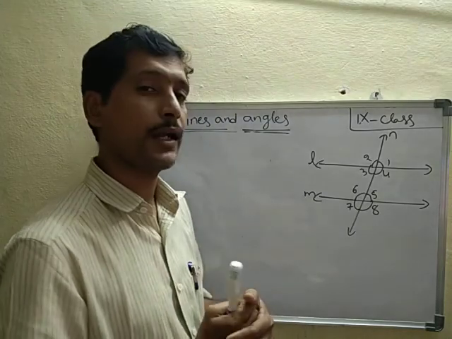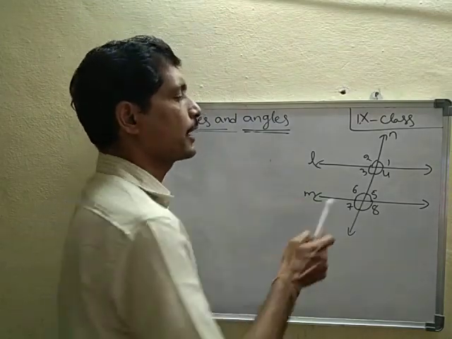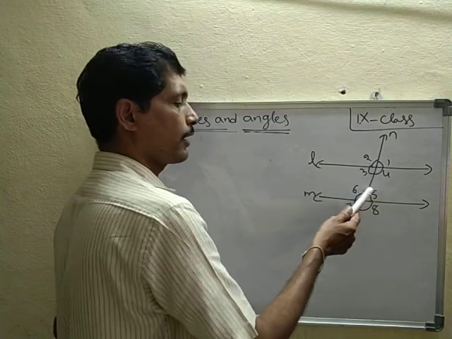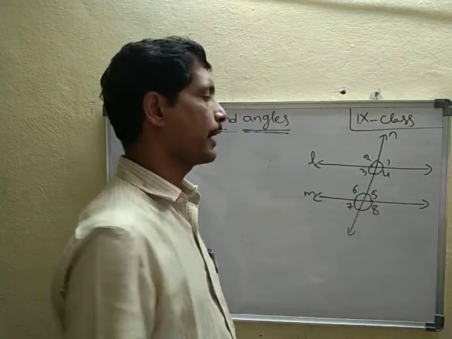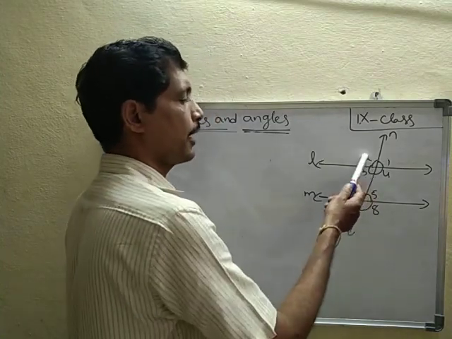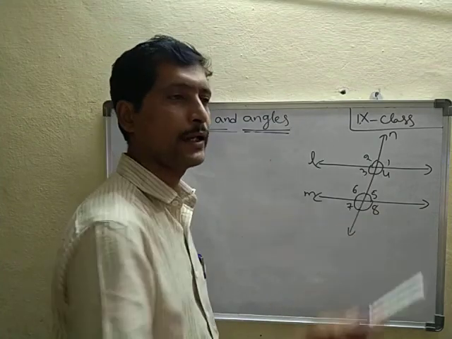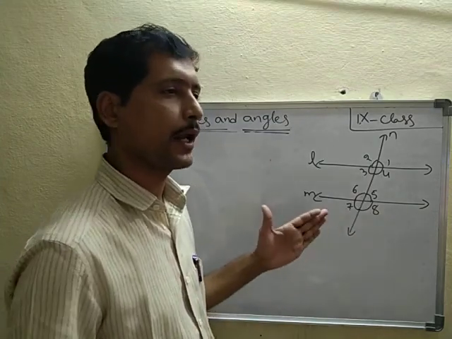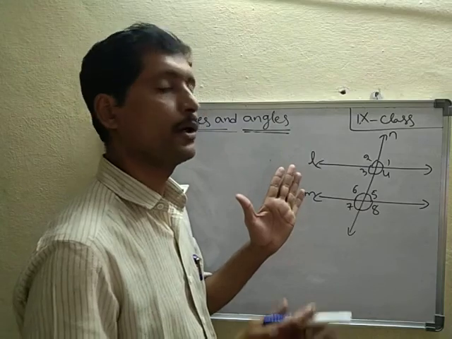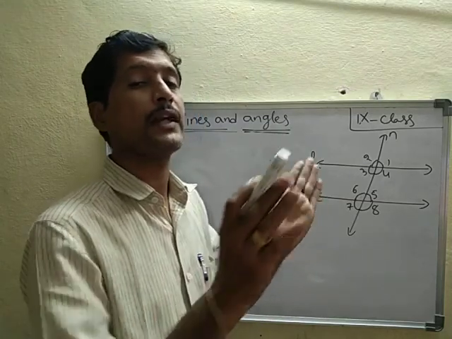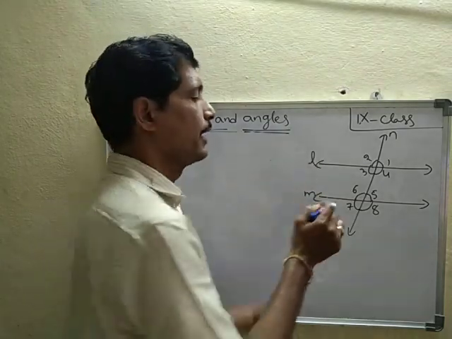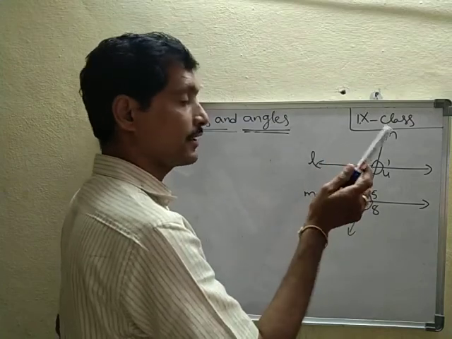Next one is alternate interior angles. Interior angles are angle 3, angle 4, angle 5, angle 6. Exterior angles are angle 1, angle 2, angle 7, angle 8. Alternate interior angles means both are interior angles and on either side of the transversal line.